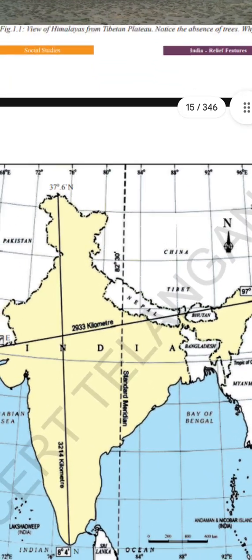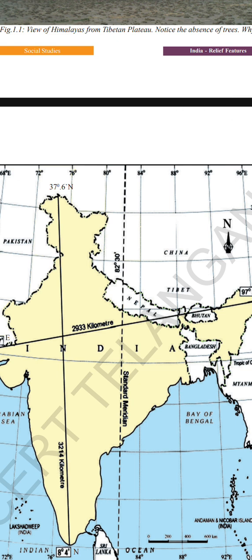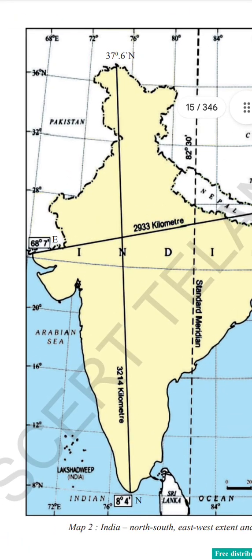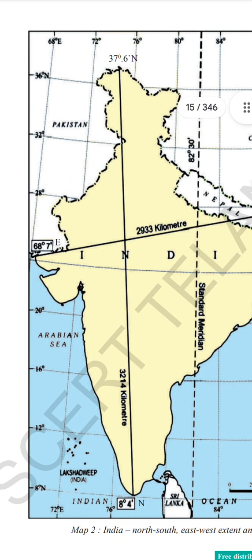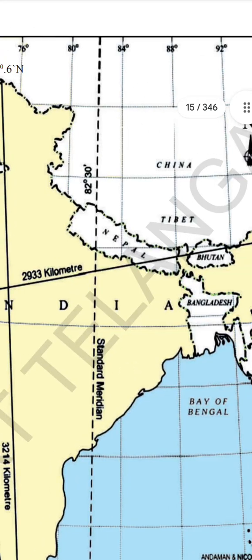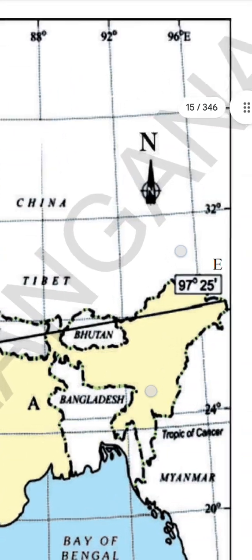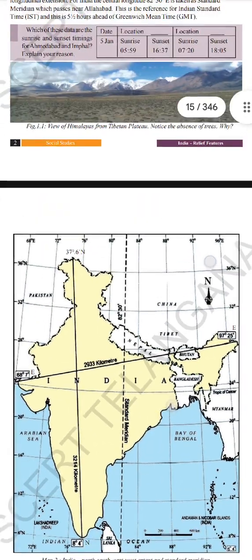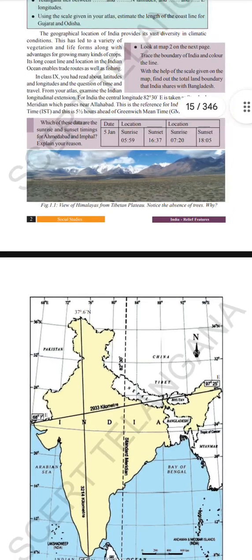Because we know that for one country there will be only one time zone. But when it comes to India, you very well know that Indian coordinates in eastern longitude start from 68 degrees 7 minutes to 97 degrees 25 minutes. So I said this will lead to a problem for the country.